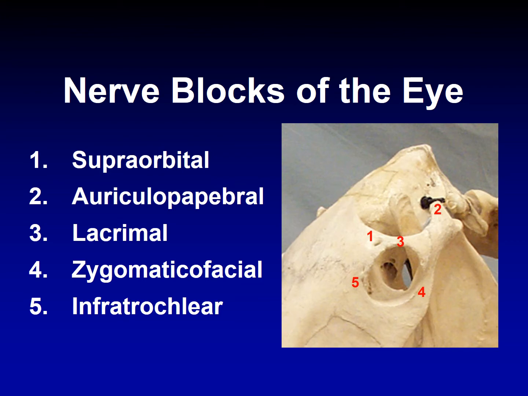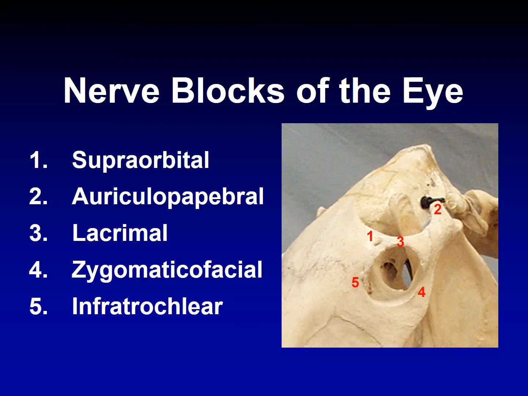Number three is the lacrimal. Number four is the zygomaticofacial, and number five is the infratrochlear. Again, supraorbital is number one, auriculopalpebral is number two, lacrimal is number three, zygomaticofacial is number four, and five is the infratrochlear.